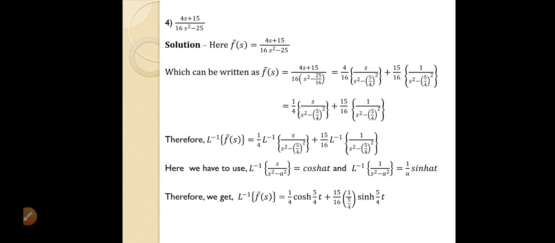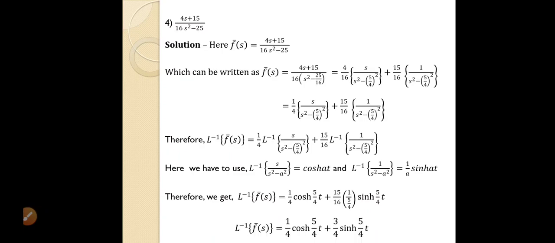Now L inverse of S upon S square minus 5 by 4 square, here a equal to 5 by 4, so it becomes cos hyperbolic 5 by 4 t plus 15 by 16 into 1 upon a, means 1 upon 5 by 4, sin hyperbolic of 5 by 4 t.